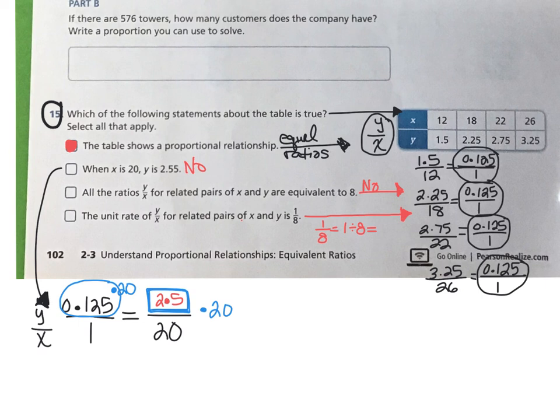Changing that fraction into a decimal, remember, involves division. And when we do that, we get 125 thousandths. So yes, do you see how each of these is equal to that same decimal? Then that means the unit rate is equivalent to that fraction, 1/8.